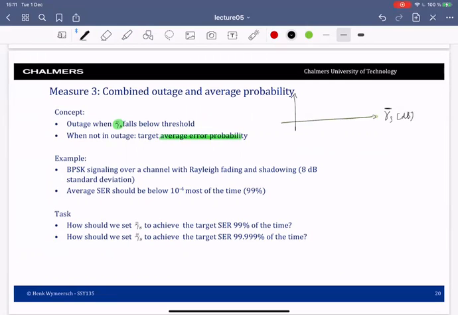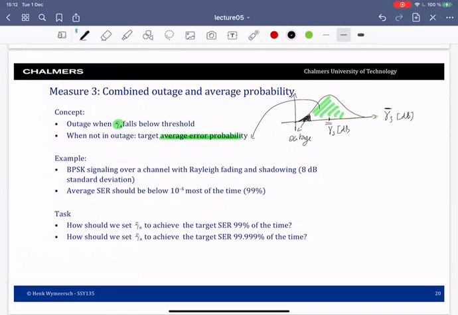This is after path loss and shadowing. This is something Gaussian, right? If you are below some threshold, you say this is outage, when this gamma bar S is below some threshold. And then when you're not in outage, which is in this regime, then you care about the average error probability. So there are two sources of randomness. You have the log normal distribution due to shadowing, and then in addition you have the average error probability due to the multipath fading.